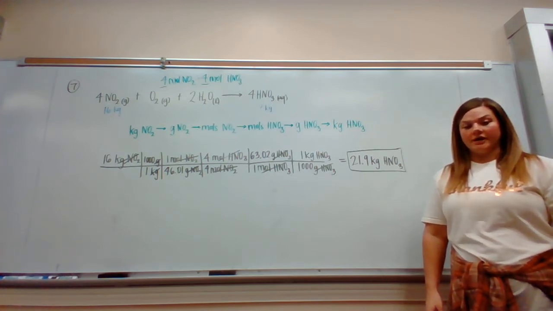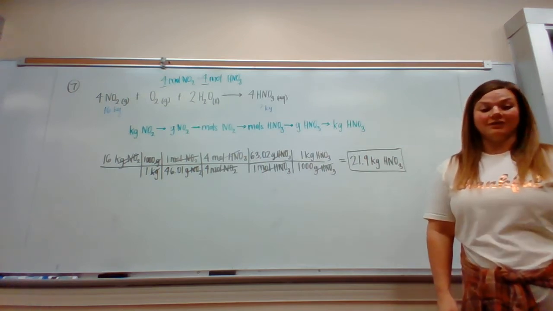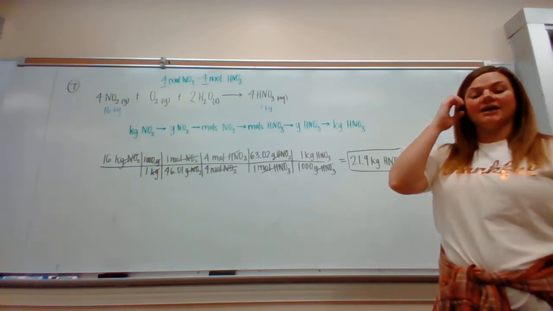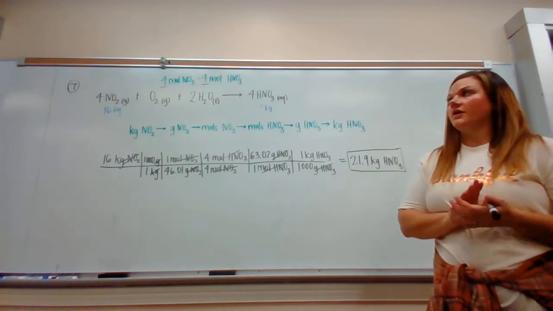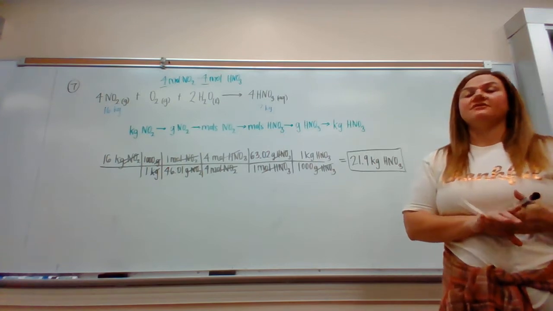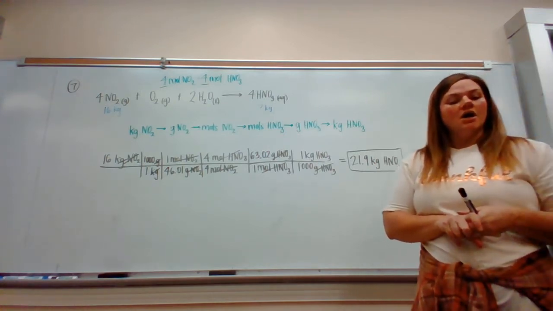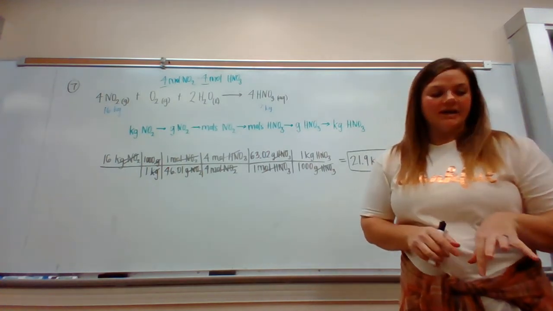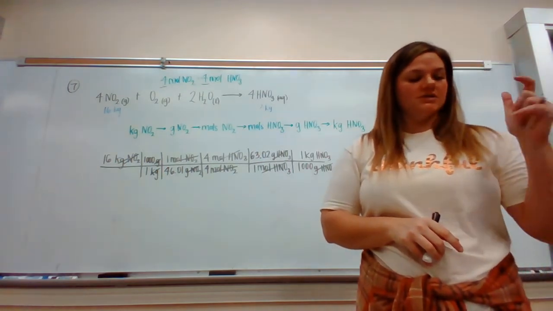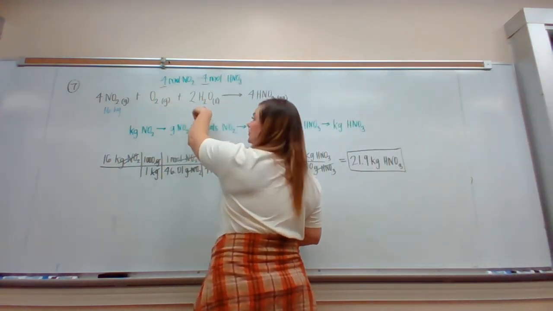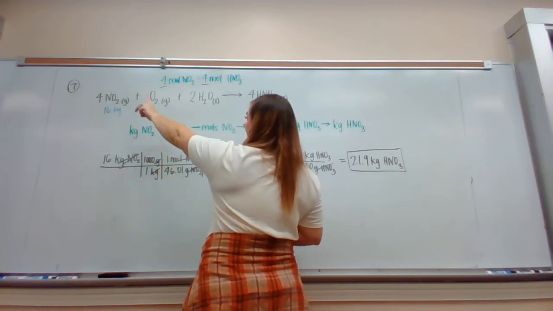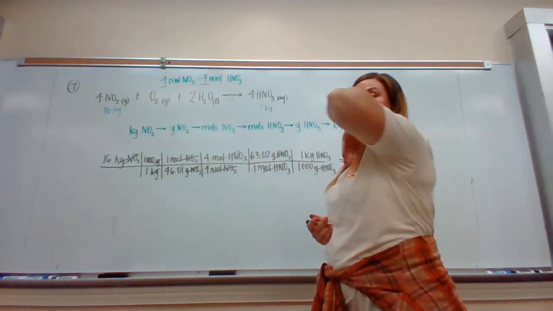Okay. You'll skip down to the bottom of page 3. It talks about the limiting reactant and theoretical yield. In all of these example problems that we've done so far, it always said assume there is enough, in this case, O2 and H2O to react with NO2.